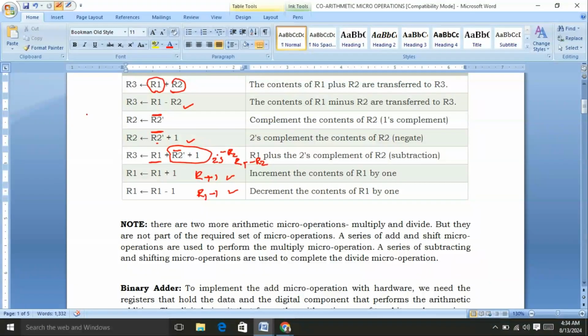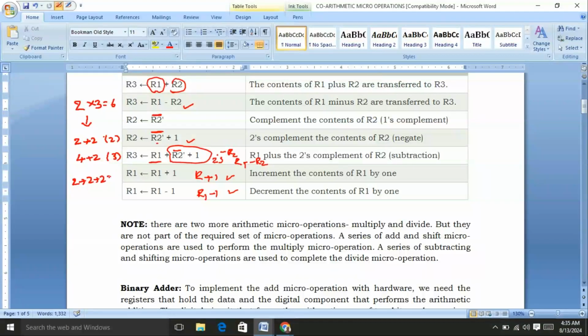For example, 2 into 3 equal to 6 is performed by 2 plus 2, that is two twos added gives 4, and for this result one more 2 is added, so three twos are added, that equals 6. We perform it like that.